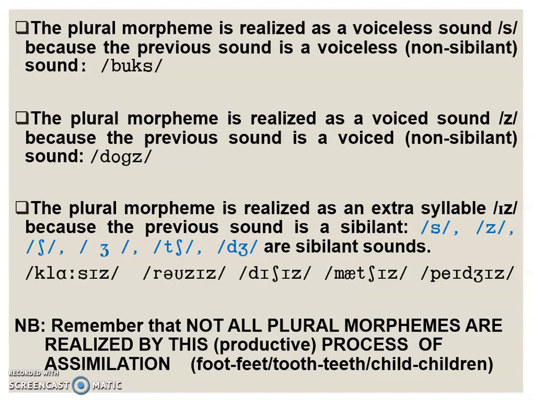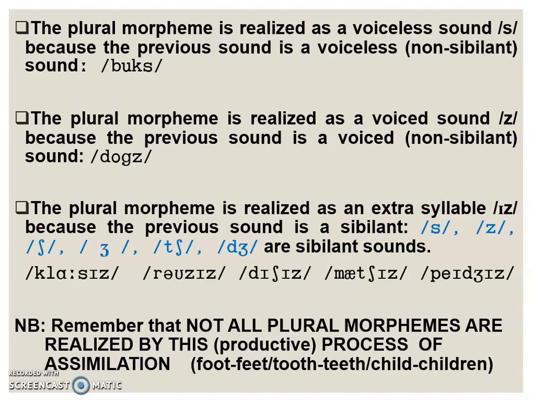The plural morpheme is realized as a voiceless sound s, because the previous sound is a voiceless non-sibilant sound, as in book, books. Or the plural morpheme is realized as a voiced sound z, because the previous sound is a voiced non-sibilant sound, as in dog, dogs. Or the plural morpheme is realized as an extra syllable iz because the previous sound is a sibilant.